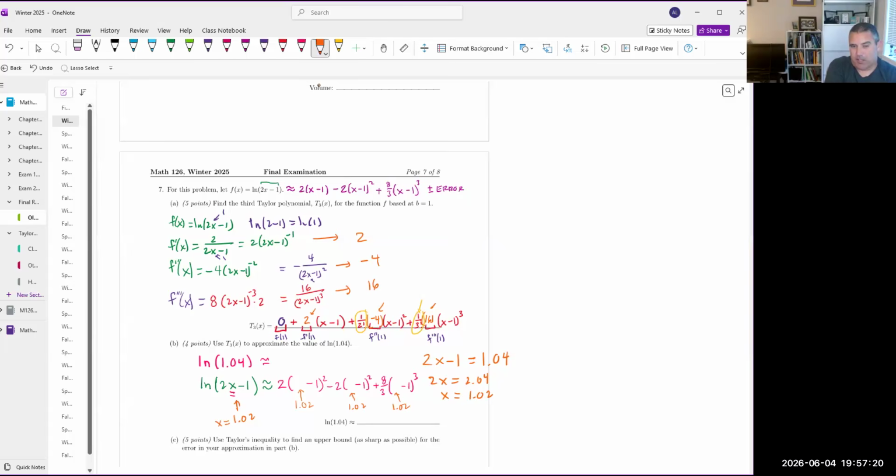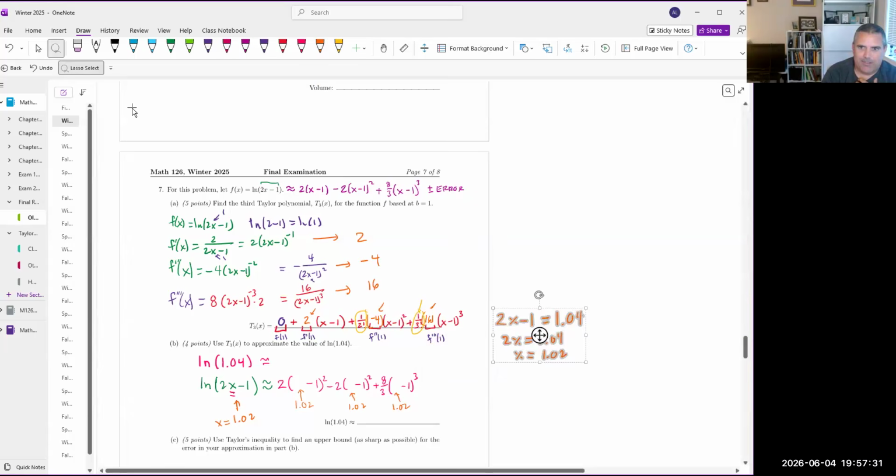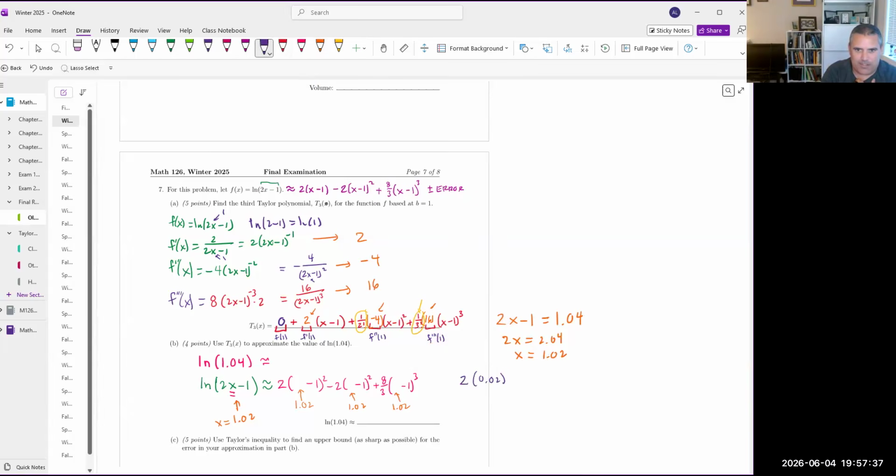I probably would do calculator work here. I haven't had a calculator in my bag all quarter, so I went the whole quarter without it, but there are times I probably should have had it. Okay, 2 times 0.02. I find it harder to find the calculator. Oh, this should have been to the 1, right? I'm just miscopying.